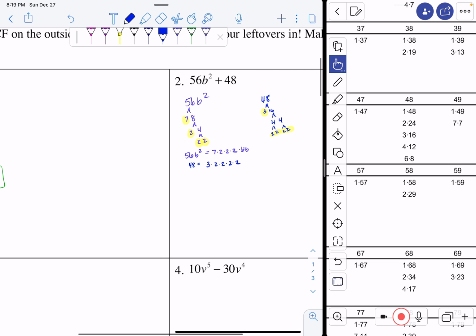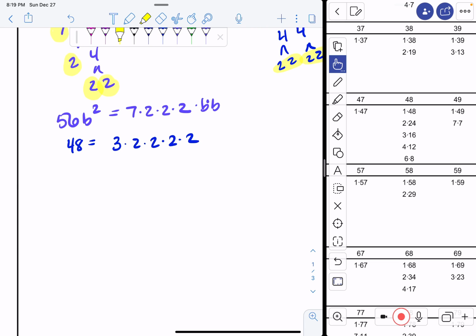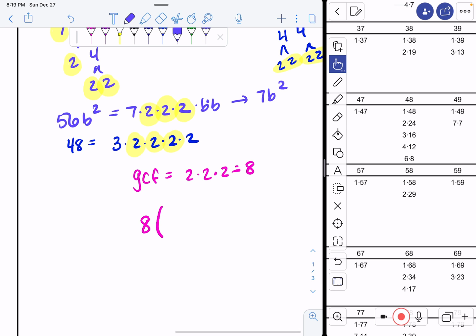Now our next step, highlight what's in common. Well, if I look, they have a 2, another 2, and another 2. So my GCF is going to be 2 times 2 times 2, which is 8. So I have 8, and now my leftovers. If you look, my leftover here is a 7b squared because I have a 7 and 2 b's.